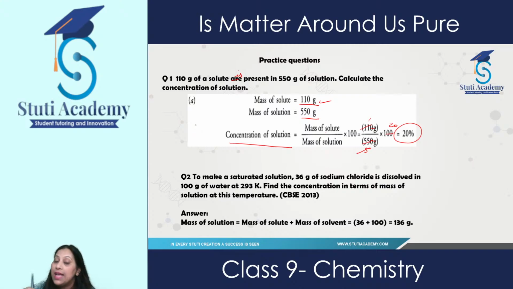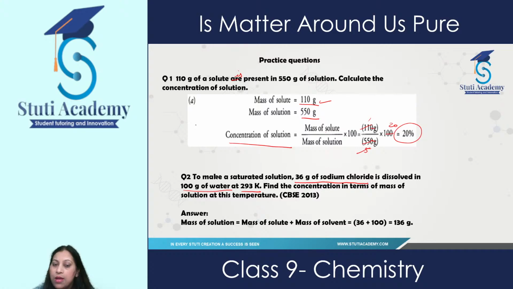So to make a saturated solution, we need to add 36 gram of sodium chloride dissolved in 100 gram of water at 293 Kelvin. So look here, 36 gram of sodium chloride, and solute always dissolves in less amount and solvent is always present in more amount.